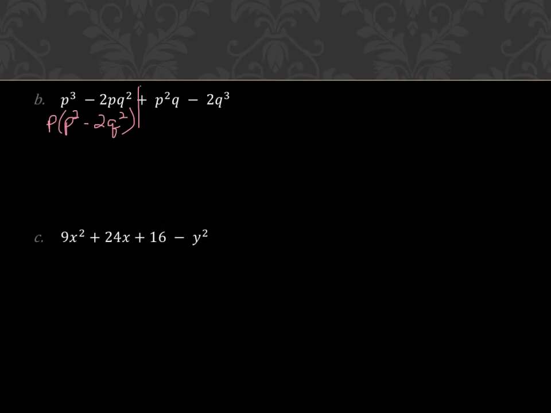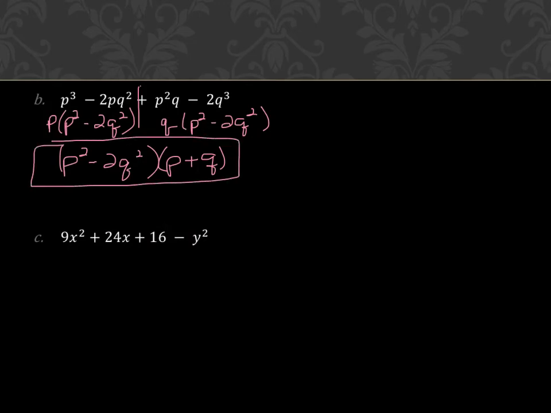And I can pull out a q, leaving me with p squared minus 2q squared. So they both have a p squared minus 2q squared, and then p plus q.